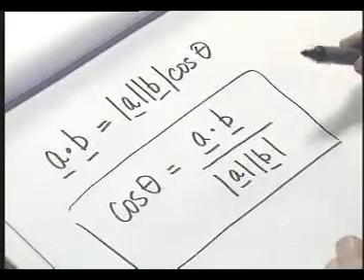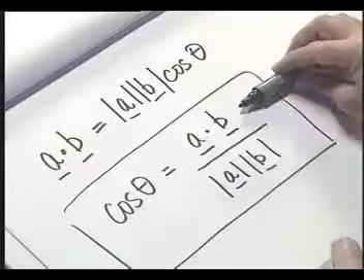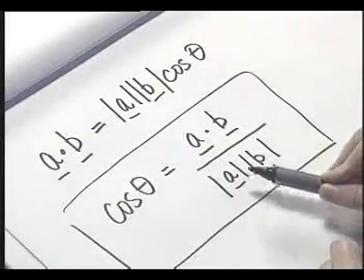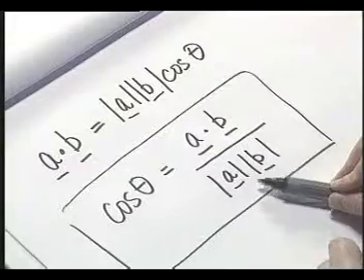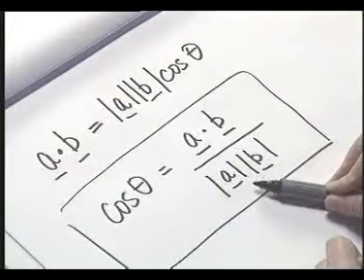Now, we've done a lot of work already in this unit on calculating the dot product. Let me just remind you a little bit about how you find the modulus of a vector when it's given in Cartesian form.